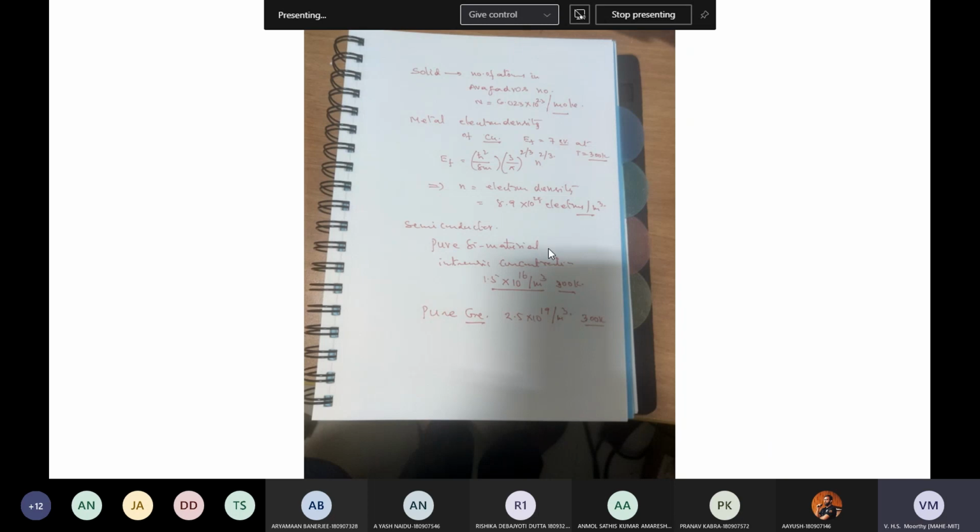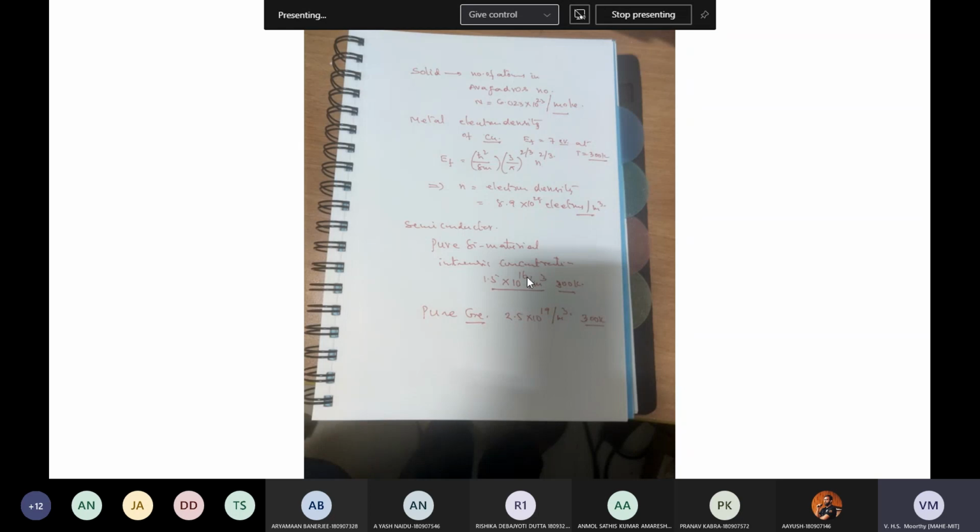I hope you understand why we didn't give the temperature for metals: since it is 10 power 28, it is a huge number, so temperature doesn't have any considerable effect on the electron density in metals.